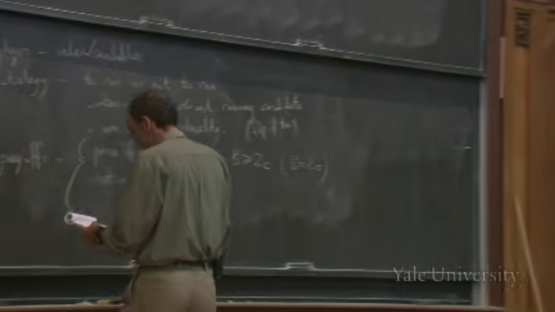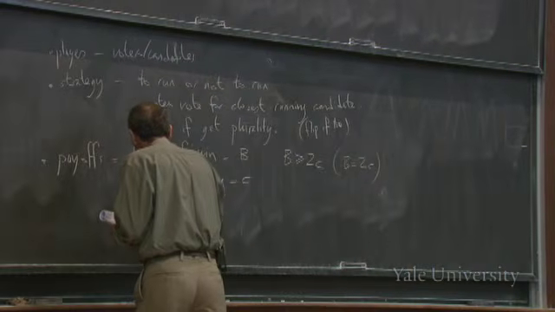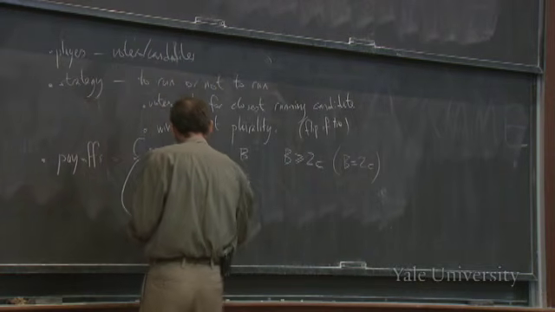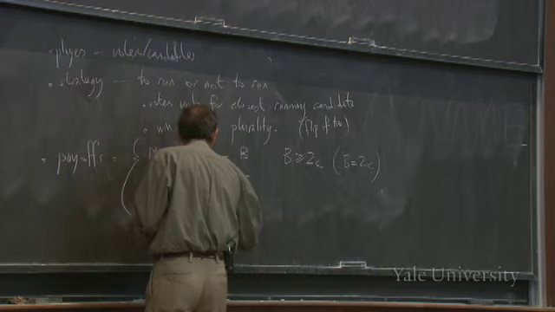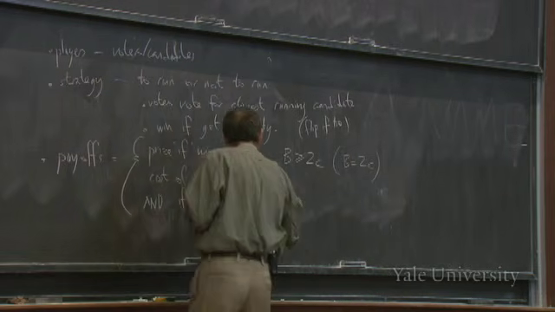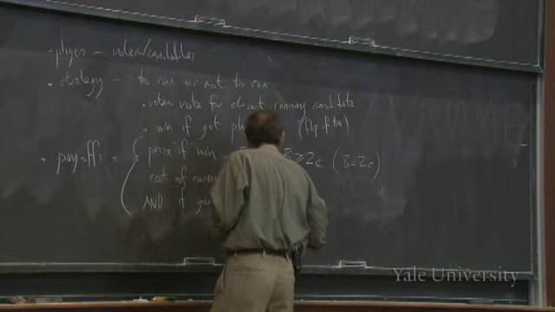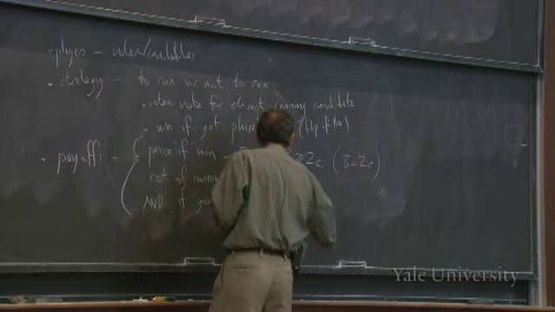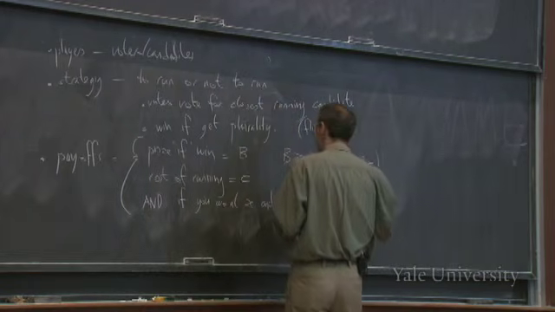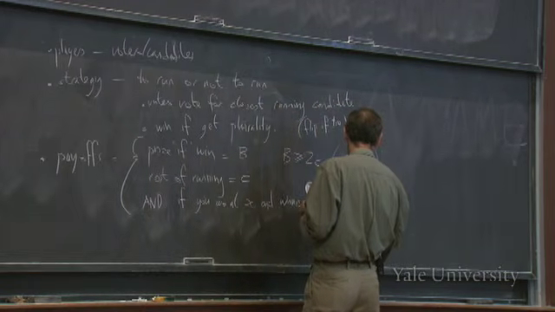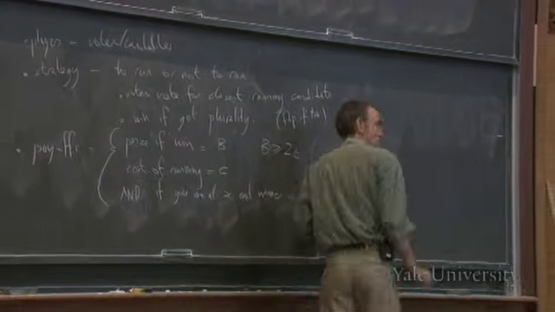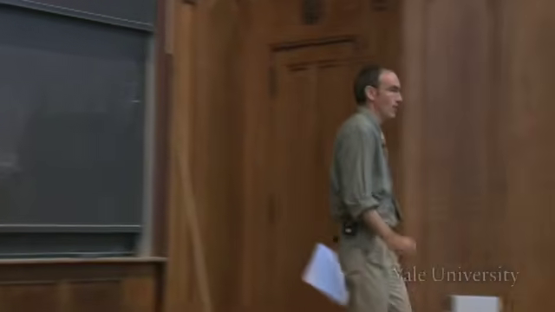So there's going to be an extra thing. If your position is x, if you are at x on that line, and the winner of the election is at y, then you pay a cost of minus |x − y|, the absolute distance between you and the winning candidate.